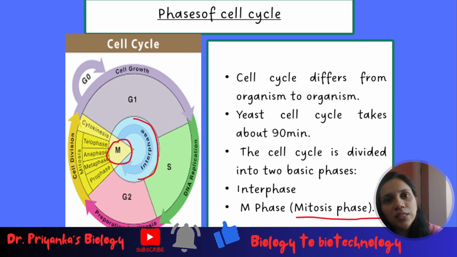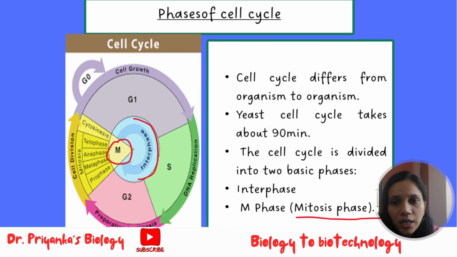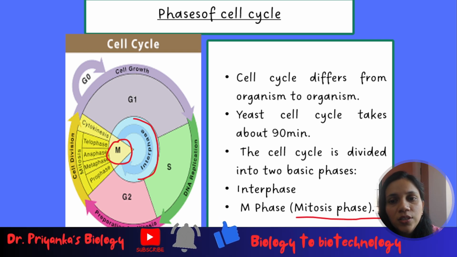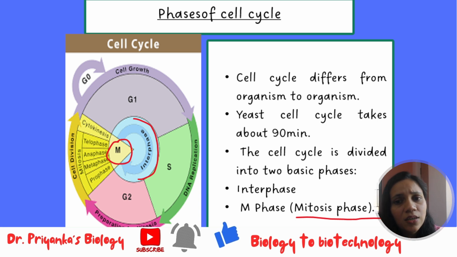Most of the cells studied take around 24 hours to divide under culture conditions. Whereas yeast cells have a cell cycle of about 90 minutes. So you can see there is a clear-cut difference; the duration will not be the same. The cell cycle differs from organism to organism.